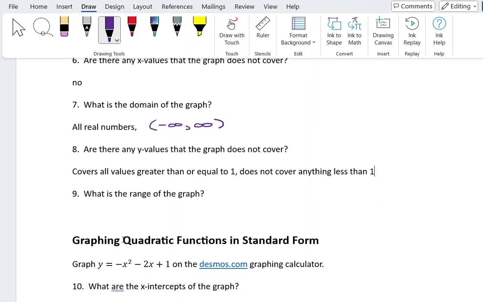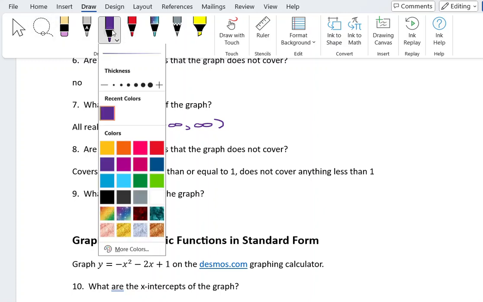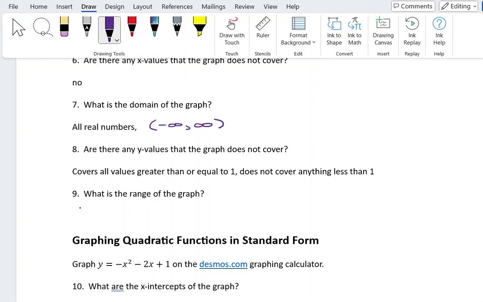So what is the range of the graph? The range of the graph is all values greater than or equal to 1. The way that I would write that in interval notation would be like this. Switching back to my marker, I would use a square bracket.